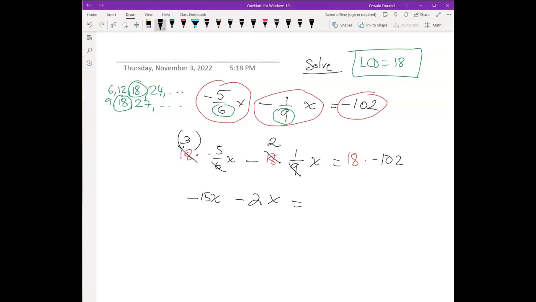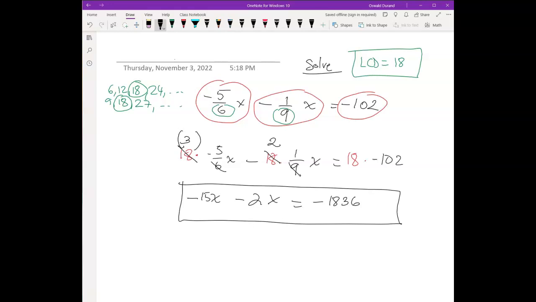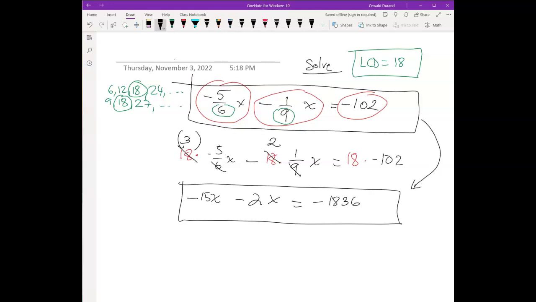x equal to 18 times 102. Let me see. 18.36. So it's negative 18.36. Okay? So this equation and this one are equivalent.